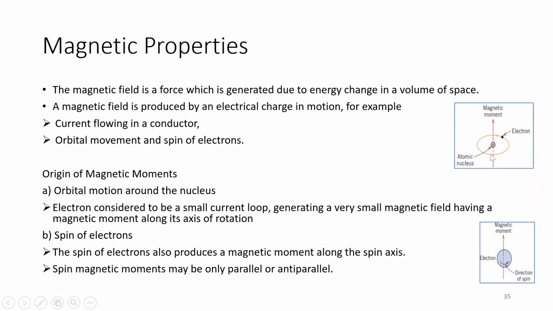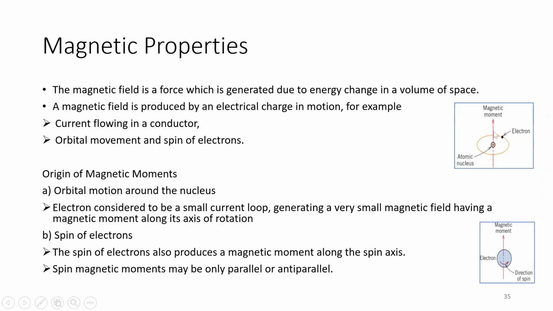Because of this movement, there is a magnetic moment in the direction perpendicular to this orbit, and the electron is considered to be a small current. So in orbital motion around the nucleus, the electron is considered a small current loop generating a very small magnetic field, having a magnetic moment along its axis of rotation. Next is the spinning of the electron as well.